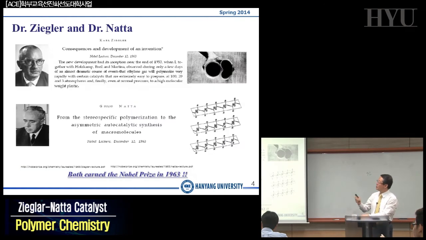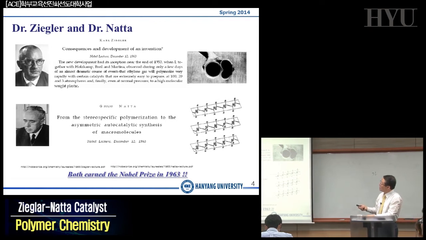Now, if we go back to the Ziegler-Natta system, Ziegler and Natta received their Nobel Prize in 1963 as a consequence of the development of an invention on the catalyst system, which was incepted by the end of 1953.